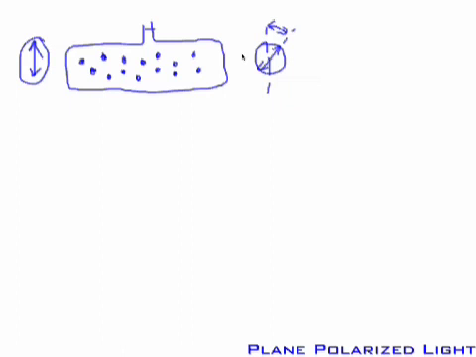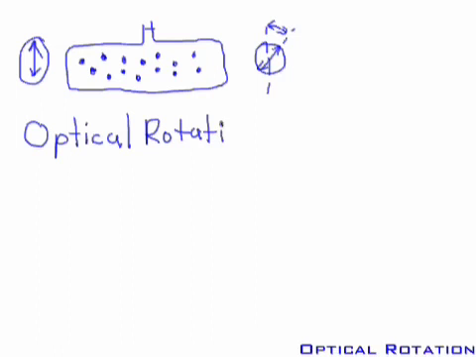Now, since plane polarized light is rotated thusly, we can define some more terms. Optical rotation, for example. Optical rotation is the rotation of plane polarized light.